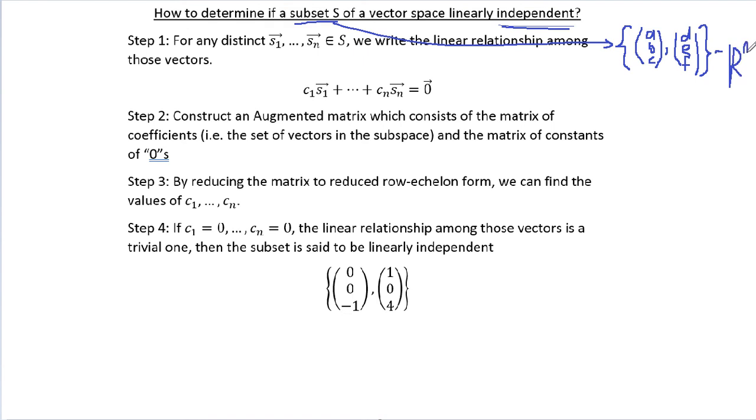So now how are we going to determine if a subset of a vector space is linearly independent?